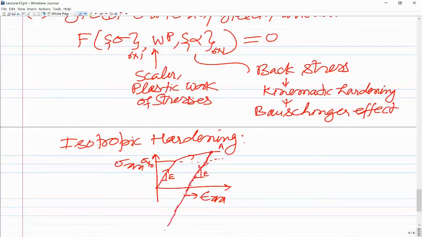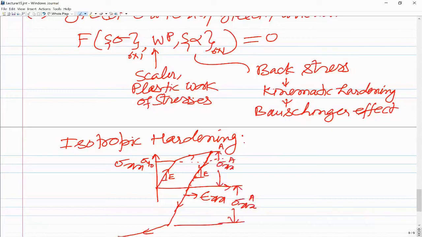So in the compression you will find that the yielding is going to take place at a stress which in magnitude is equal to sigma xx at A. So let us say in the plastic deformation we have gone up to point A and the corresponding stress is sigma xx at A. So in isotropic hardening, if the material is depicting isotropic hardening, the magnitude of this stress is going to be sigma xx A. So the yielding will take place at that stress level.